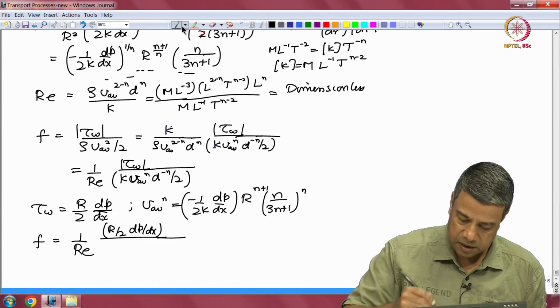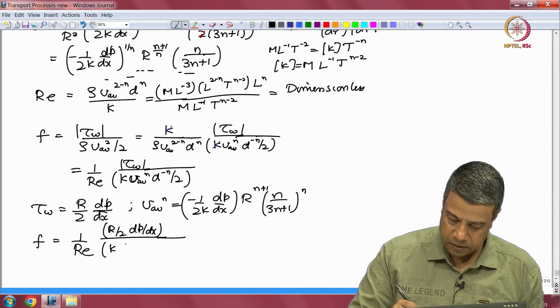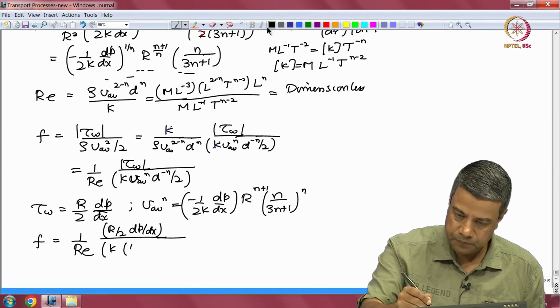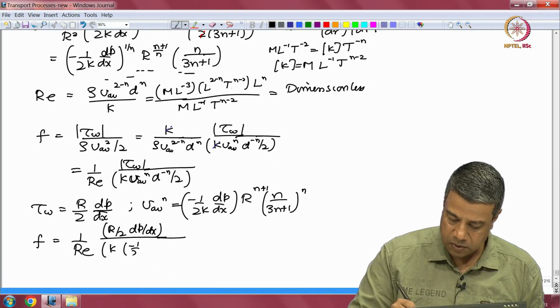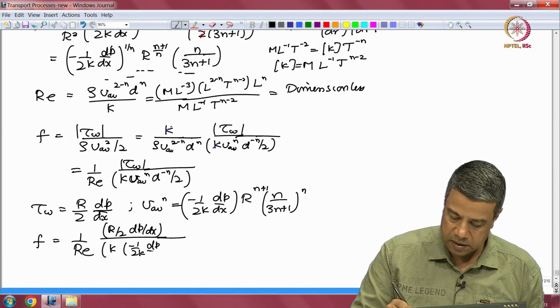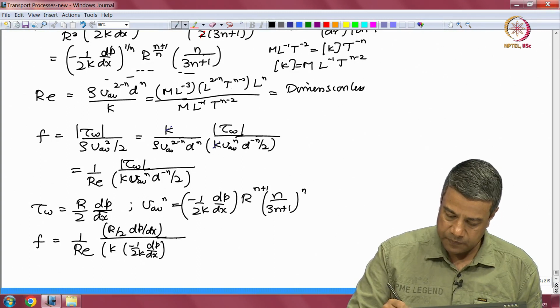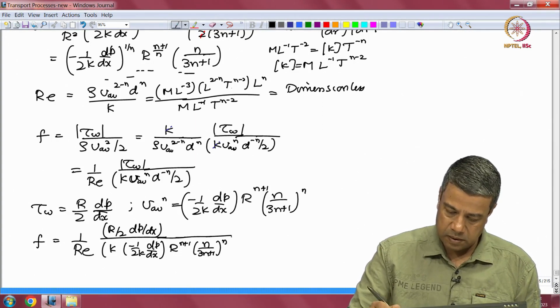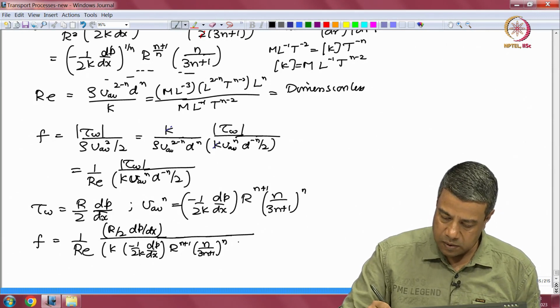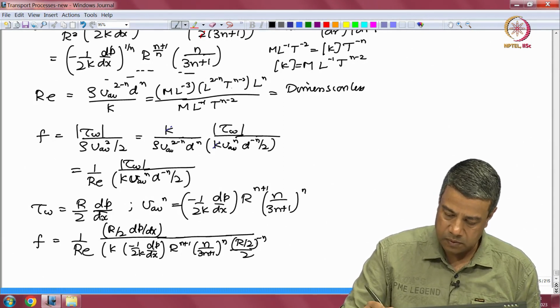In the denominator, I have k into minus 1 by 2 k dp by dx, into r power n plus 1, into n by 3n plus 1 power n, into the diameter r by 2, power minus n by 2.